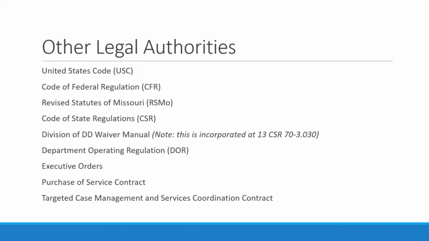A CSR is more for the actual procedure. We want to tell you exactly how to do something. External stakeholder, contractor, whoever you are, we want to tell you exactly how to do it. That belongs in the Code of State Regulations. We're going to tell you exactly how to do it, and it's going to apply broadly across lots of different people, okay? That line is blurred a lot. It's gray.